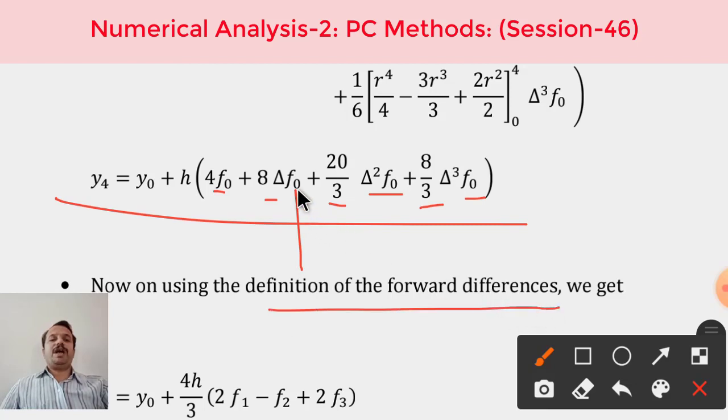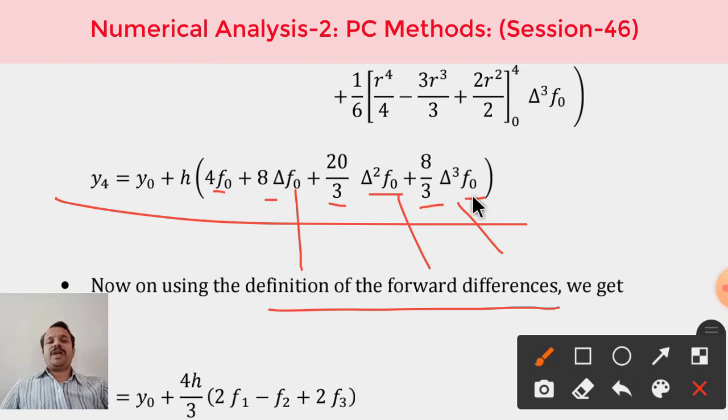What is the value of delta f naught? What is the value of delta square f naught? What is the value of delta cube f naught? We know that delta f naught is f1 minus f naught. Delta square f naught is f2 minus 2f1 plus f naught.